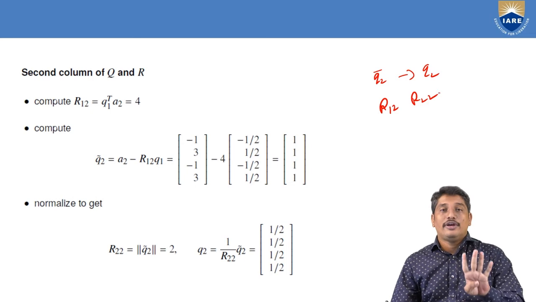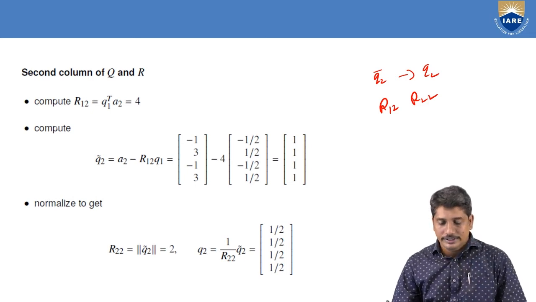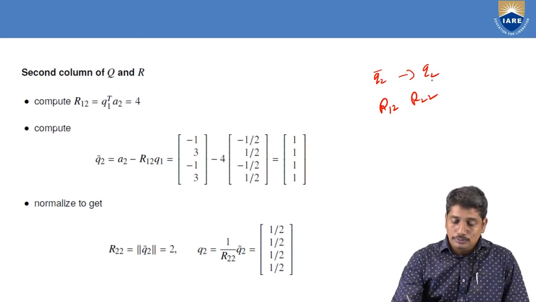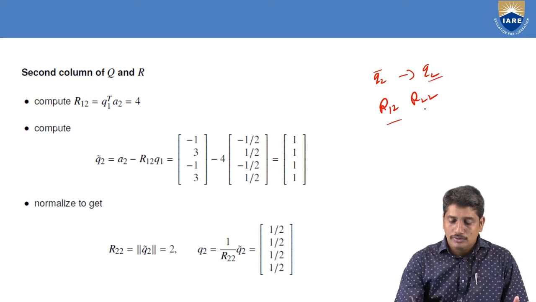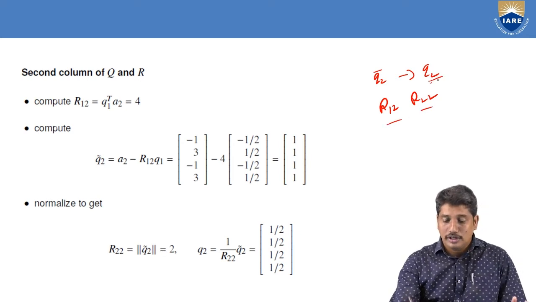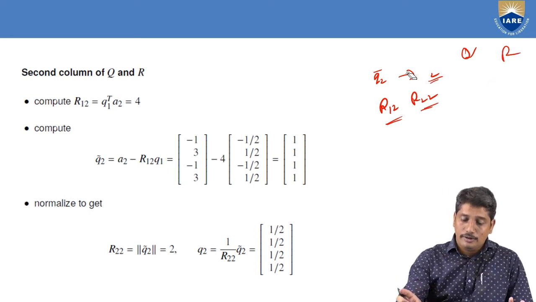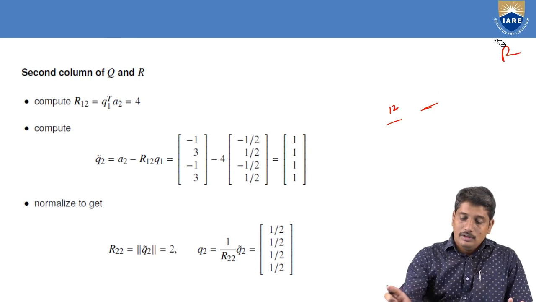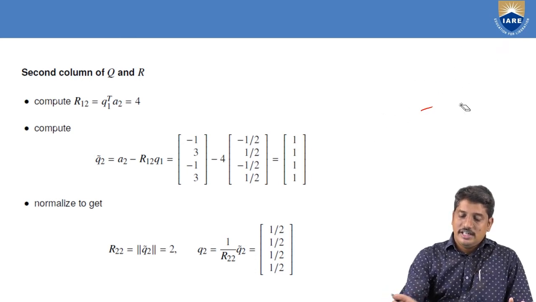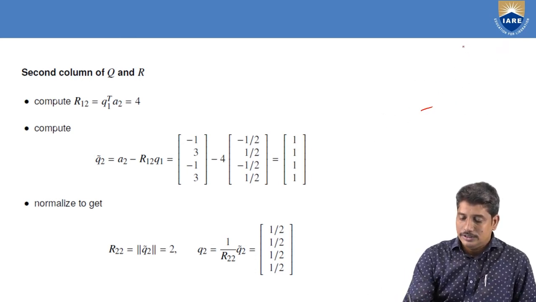So in part 2, we are going to calculate three components: q2, R12, R22. q2 is for the matrix Q, and R12, R22 are for the matrix R. Okay, let us see how we are going to calculate. For your better understanding, I will always write here what Q is.